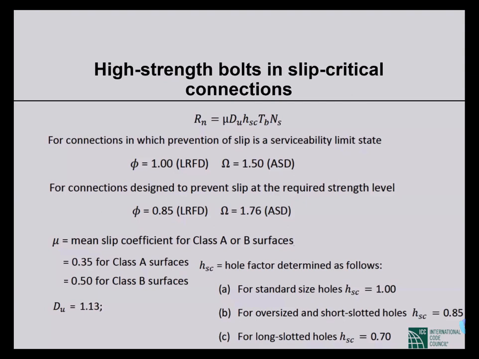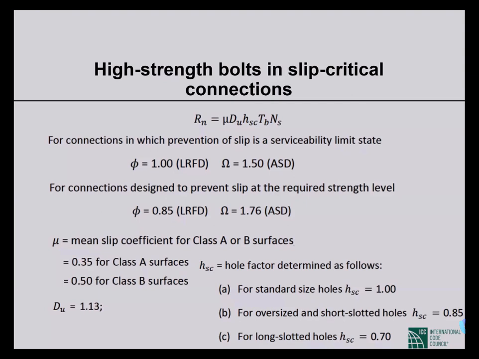DU is 1.13. I don't remember right now what DU is for. I have to check. I just forgot. HSC is the hole factor determined as follows, for the type of hole, standard or oversized or long slotted or short slotted. HSC stands for that.